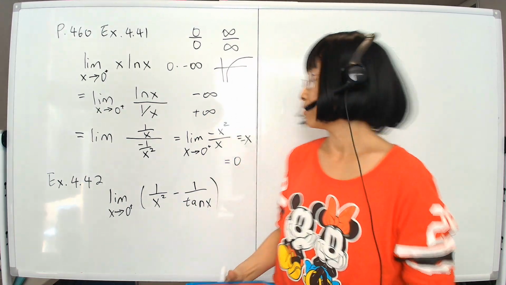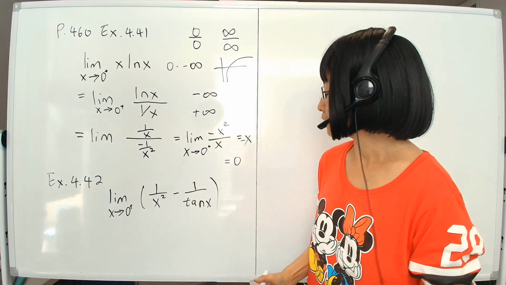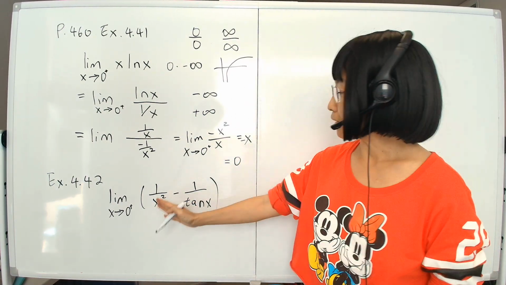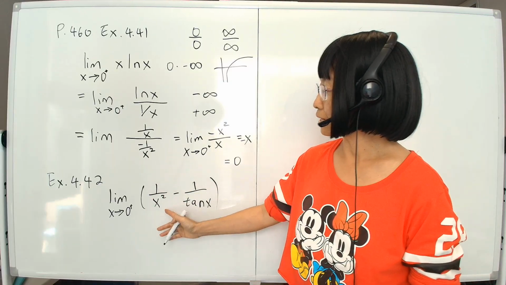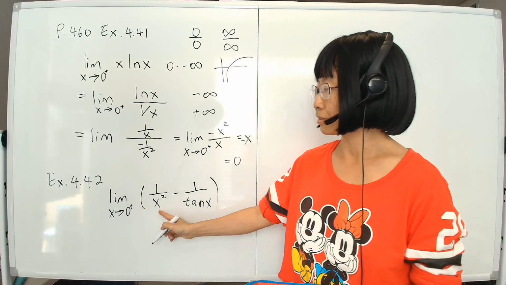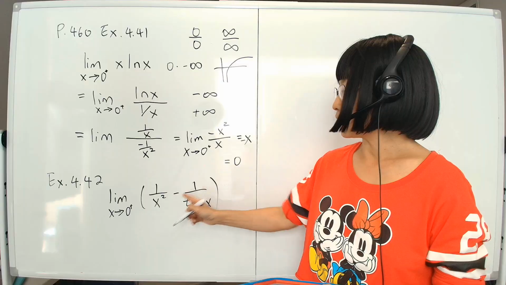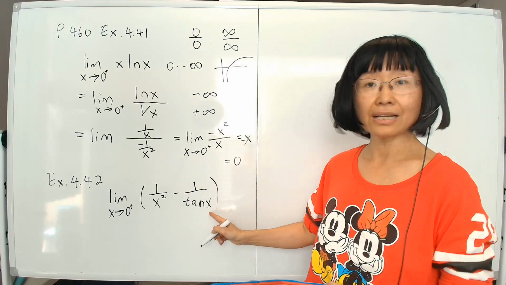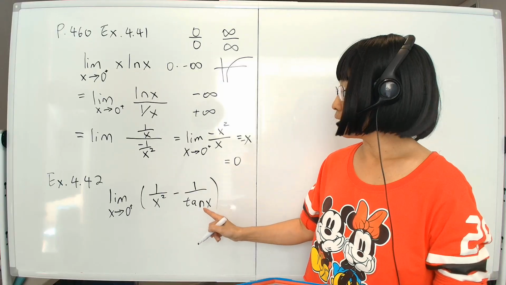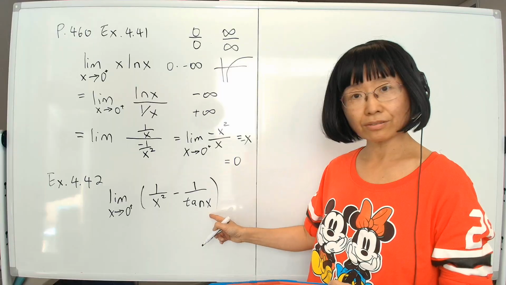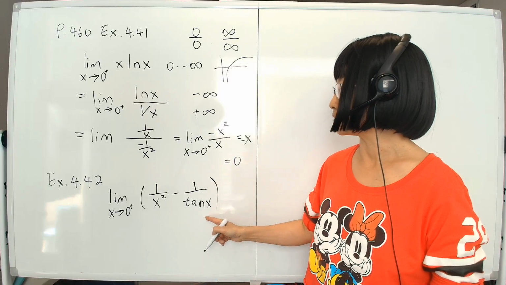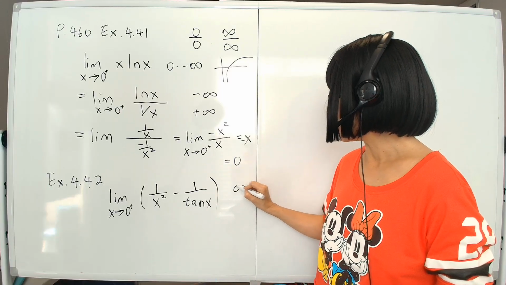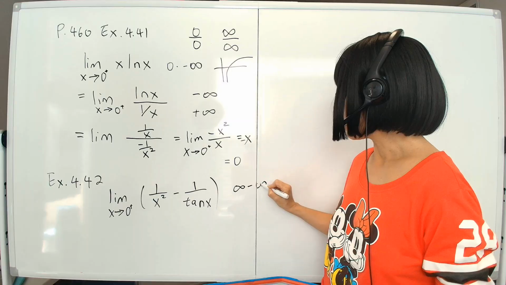When you look at this problem, what about it? Well, 1 over x squared will go to infinity, and you subtract 1 over tangent x. Tangent of 0 is 0, so this also goes to infinity. So this is a situation of infinity minus infinity.